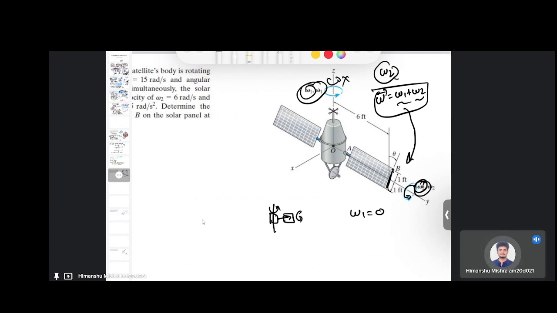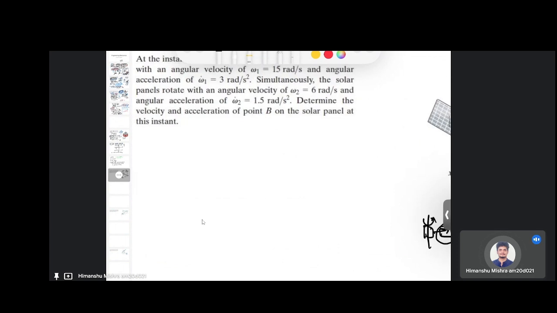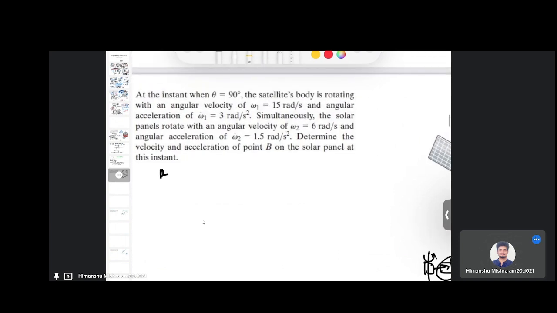So two motions are occurring at the same time. The resultant motion will not be omega 2, it is actually omega 1 plus omega 2. So my resultant angular velocity will be omega 1 plus omega 2.